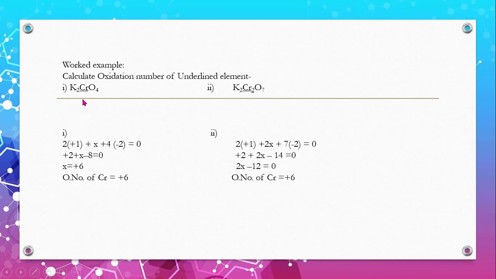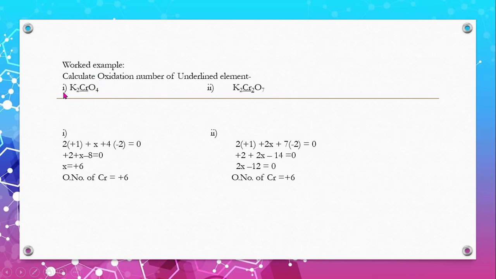We know potassium is a group 1 element, so it will have an oxidation number of +1. We don't know the oxidation number of chromium, so we'll call it X. Oxygen has an oxidation number of -2, and here we have 4.